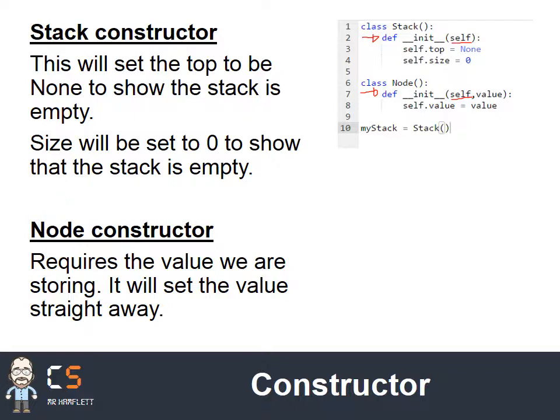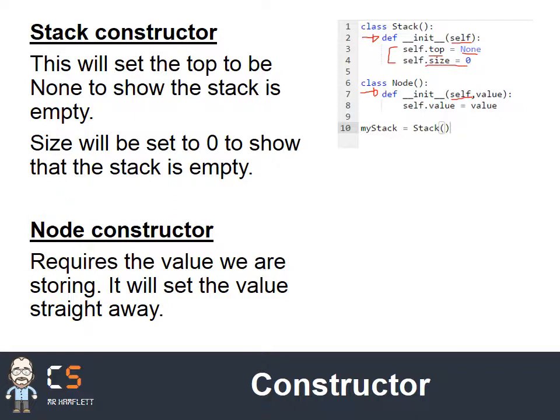However, in the stack class, there are no other parameters because there's nothing else I need to pass through to a stack when it's first created, because the stack is going to start off empty. Inside the class, I'm setting up two attributes. The first is top, which is pointing to None to say there's nothing in it, and I'm also setting the size to be 0.